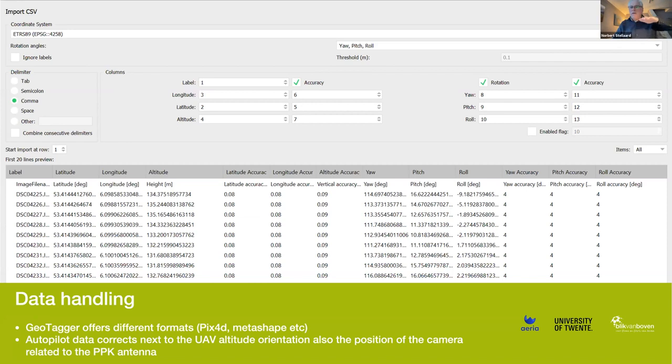So that means if Marlyn flies at an angle or in a heading, your picture also will be different than if you would do that with, for example, a Phantom or something like that. GeoChecker knows how the picture is made, from which heading, which angles, that kind of stuff. And it will correct it via this file.